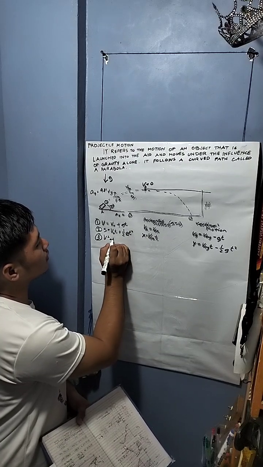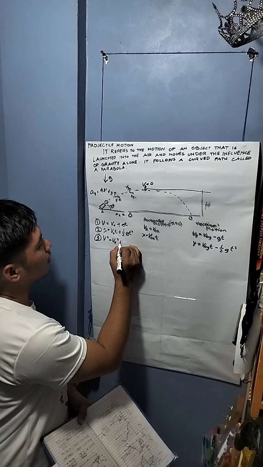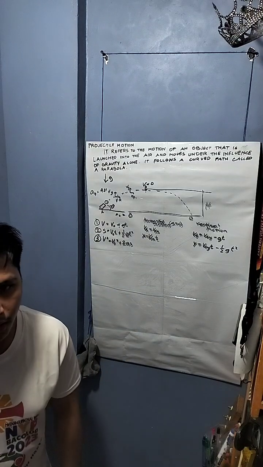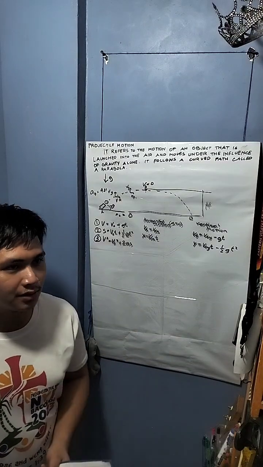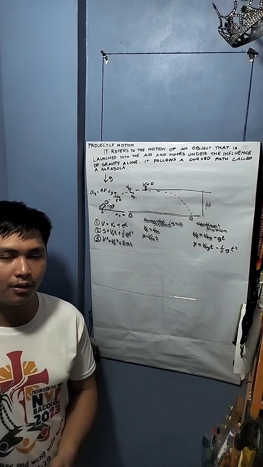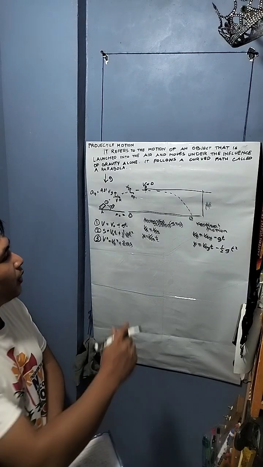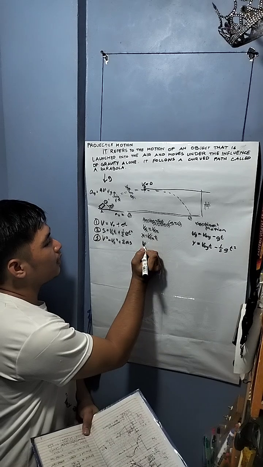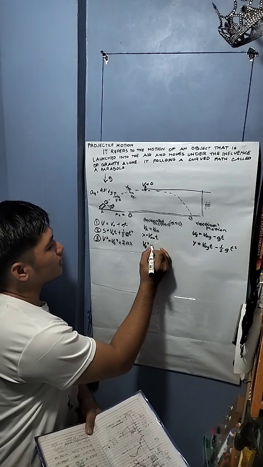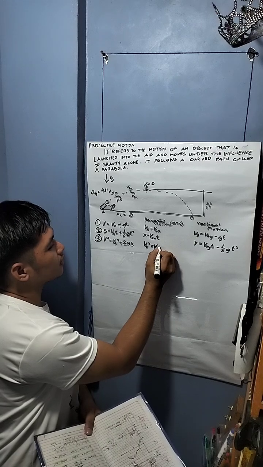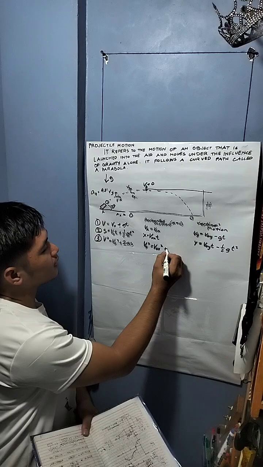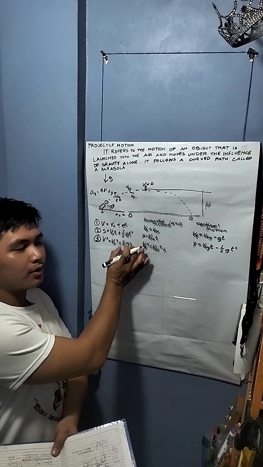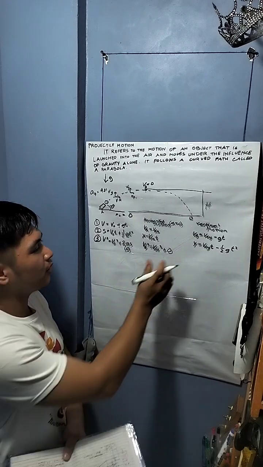v squared is equal to v naught squared plus 2as. And we assume that s is equal to x if it's in the x component and y if it is in the y component. Since we are going to find horizontal motion, we have v squared is equal to v naught x squared plus, since a is equal to 0, this whole term will be equal to 0.